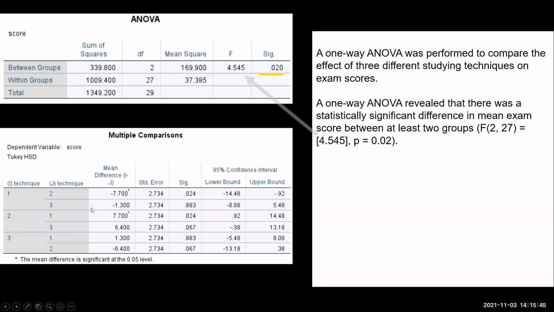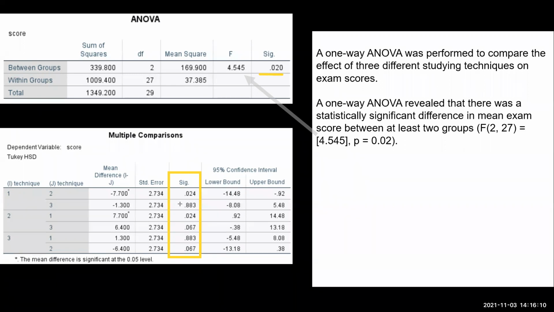And here you can see that if you look at the p-values or the significance levels, you can see here that between group 1 and 2, there is a significant difference. The scores, there's a difference of 7.7 in the mean score between group 1 and group 2.